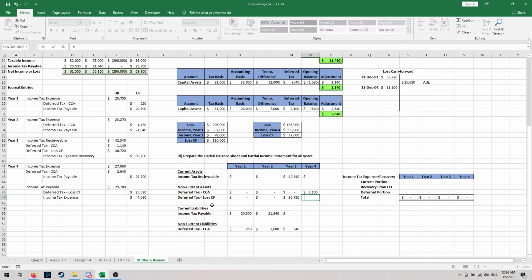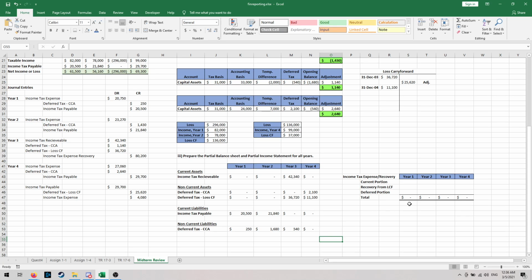And we had a further deferred tax balance in our deferred tax account of $11,000. We had no income tax payable in year 4, and we didn't have any liabilities in our CCA account because it was a debit balance. We had an asset there.